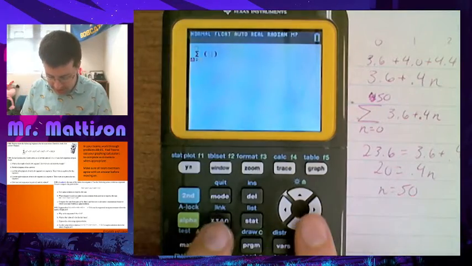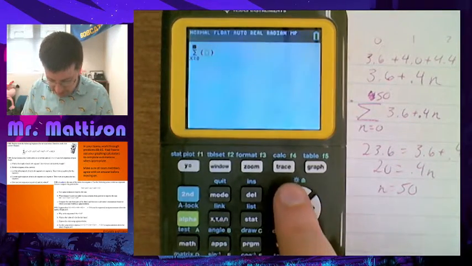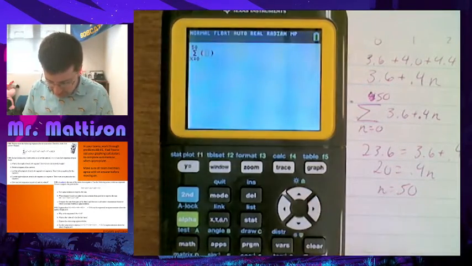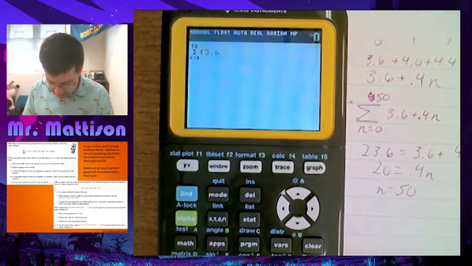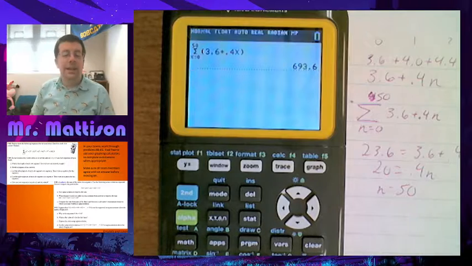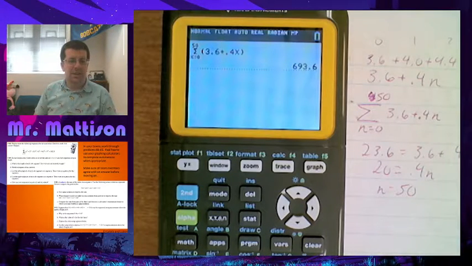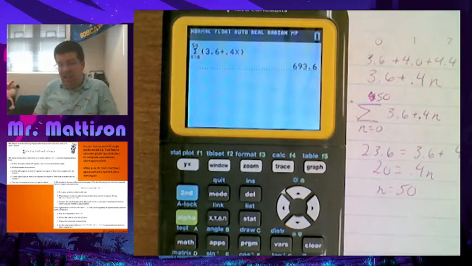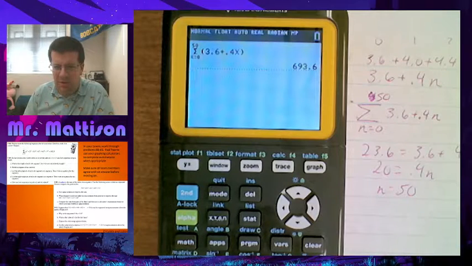So I want x from 0 to 50, following the pattern of 3.6 plus 0.4x, summation: 693.6.